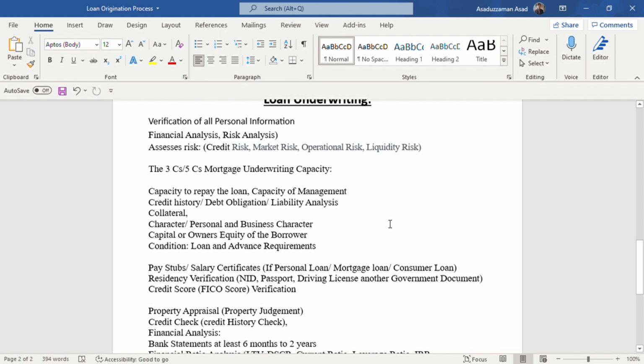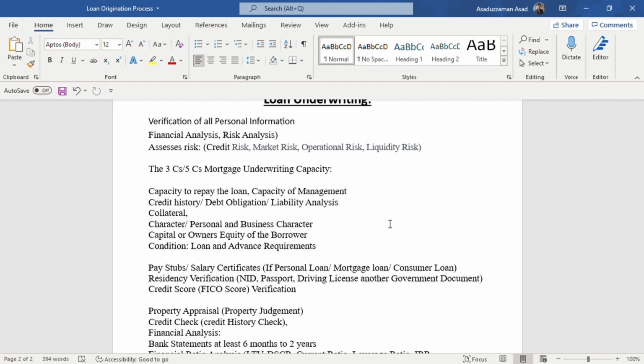The underwriter will analyze the pay stubs, salary certificate. If the loan is a personal loan, mortgage loan or consumer loan, in that case pay stub and salary certificate is very important.